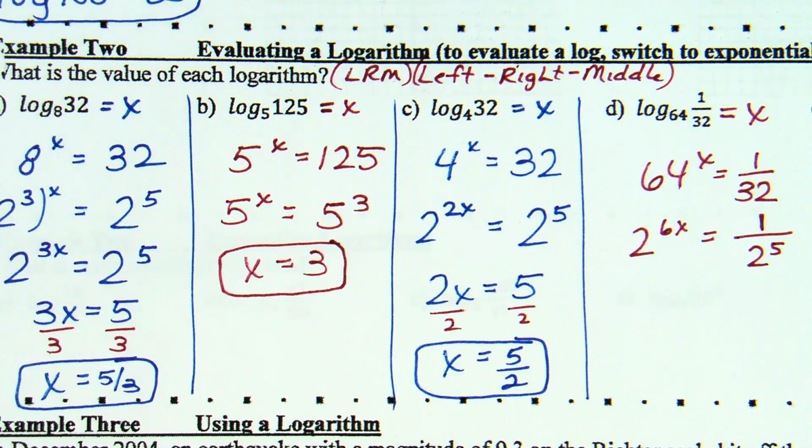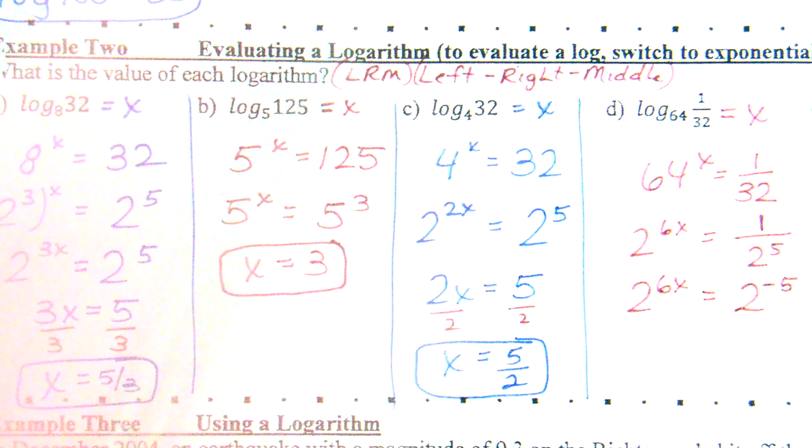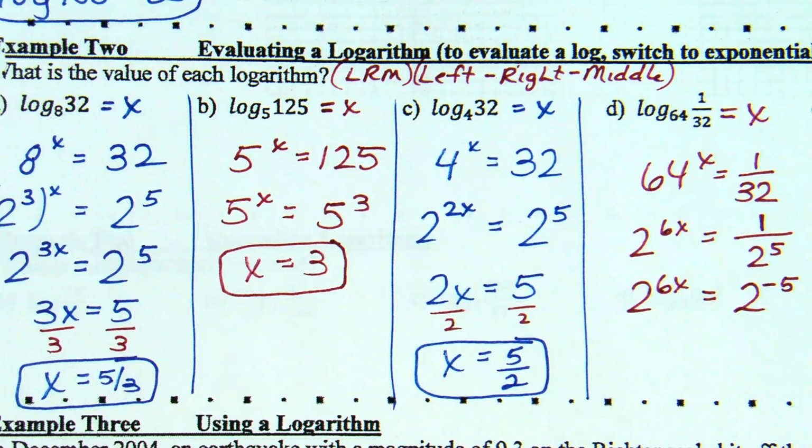How do I do this? If you have a negative exponent, to get rid of a negative exponent, we normally take it to the denominator. So how can I get out of the denominator? Put the negative exponent on it. So what we're saying here is that 2 to the 6x equals 2 to the negative 5th. So you solve the 32 as 2 to the 5th.